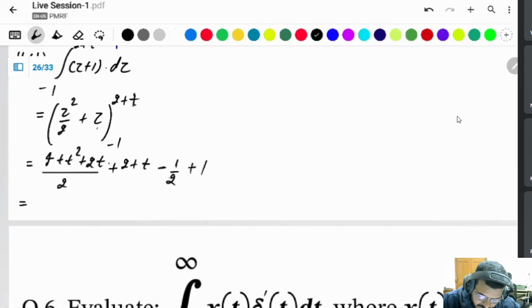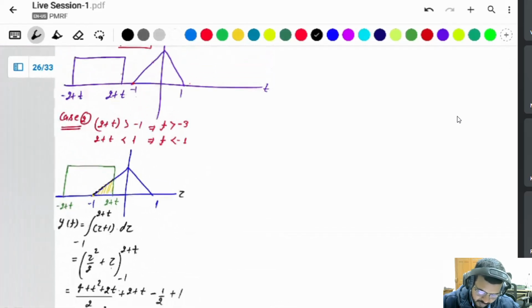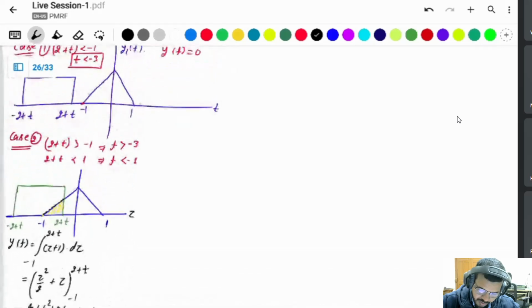This will be plus 1 by 2. This is 3 by 2. Then 4 plus 3 is 7, plus t square plus 4t by 2. Okay, two cases are there.